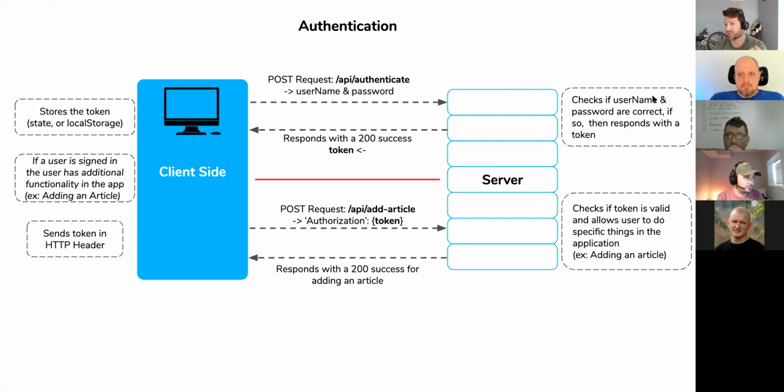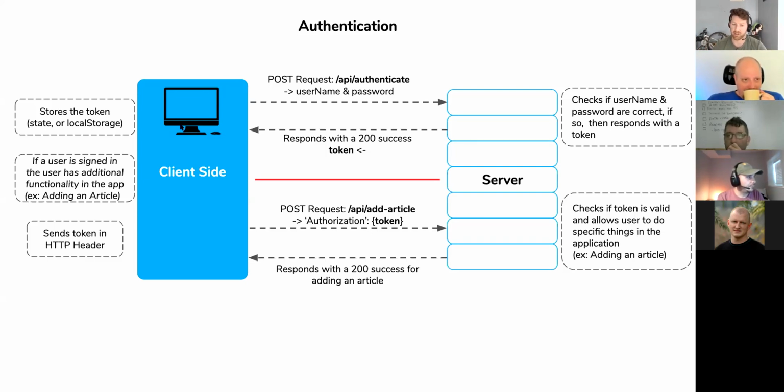And then the server checks if the username and password are correct. And if so, then the server responds with the username, as well as an access token. This token is an alphanumeric long string that is stored in the database for a certain amount of time. So the token is stored and the user is logged in.